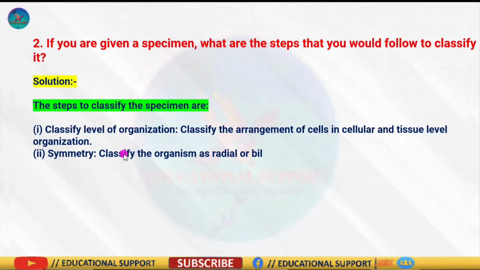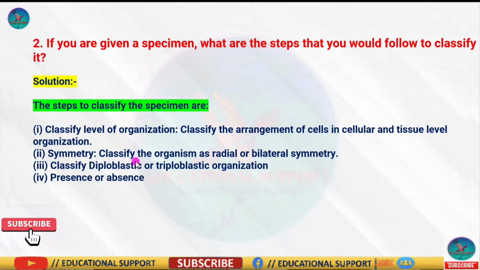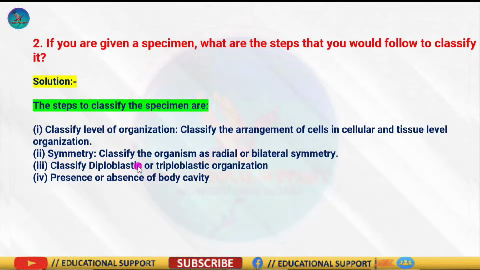Level of classification: cellular, tissue or organ level; body segmentation absent or present; type of body symmetry, radial or bilateral; type of coelom development and the type of true coelom, enterocoelom or schizocoelom.